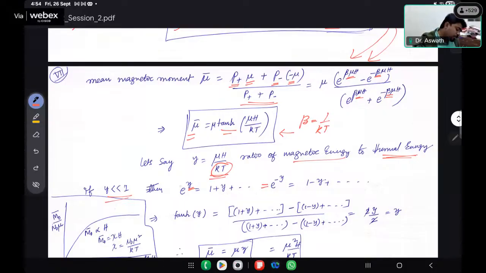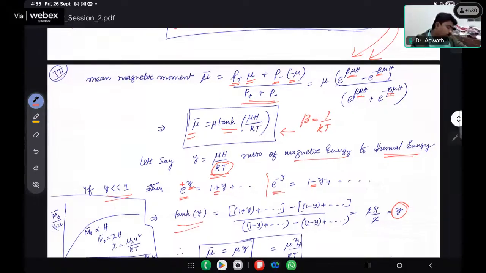Exponential of positive y has a positive y, and for exponential of minus y, a minus sign comes in the expansion. If I use this conversion, overall tanh is simply equal to y.